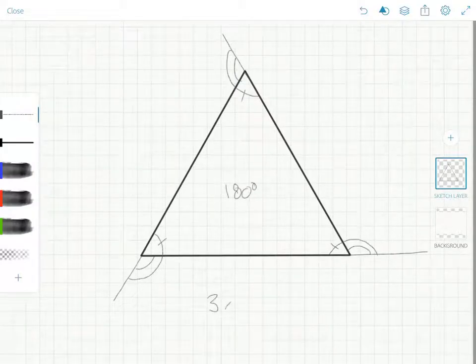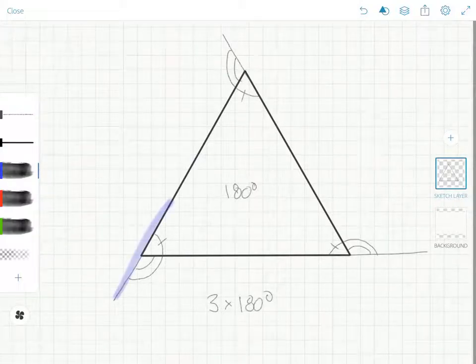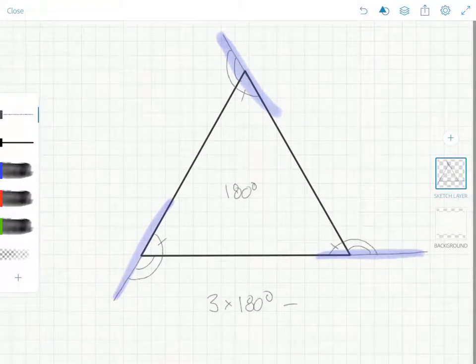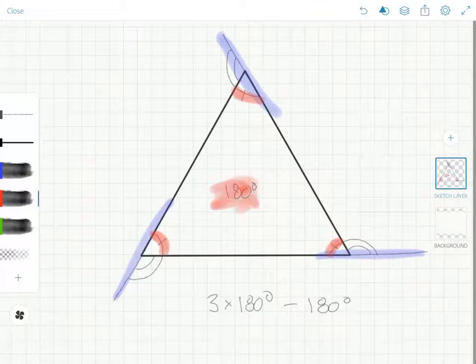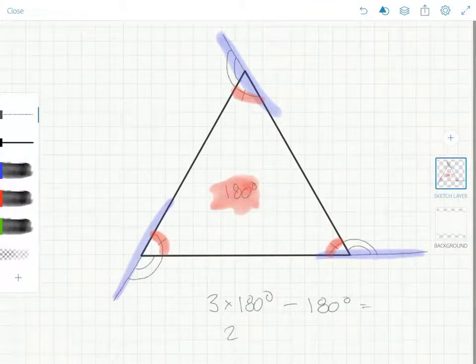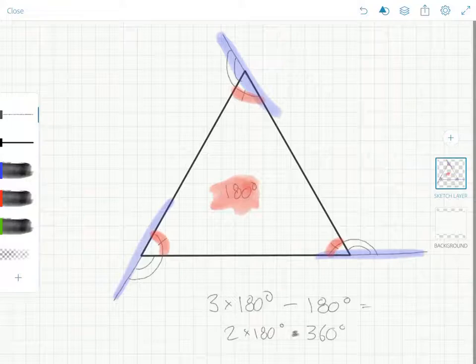So I've got 3 times 180 degrees for these 3 line segments, but then I'm going to subtract off 180 degrees one time because part of those line segments involved angles on the inside, which I know add to 180 degrees. That would be the same as just doing 2 times 180 degrees. So for a triangle, the exterior angles add to 360 degrees.